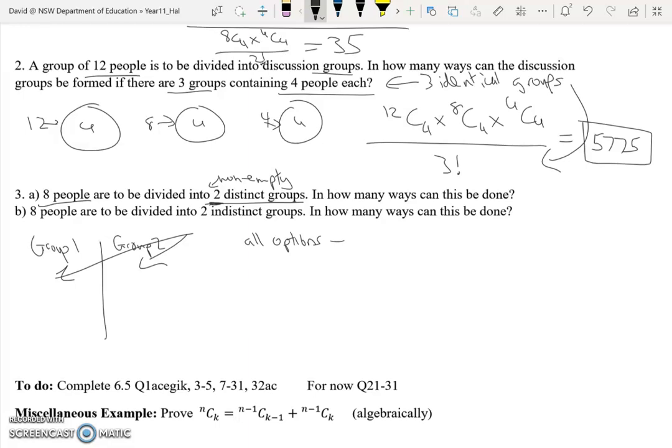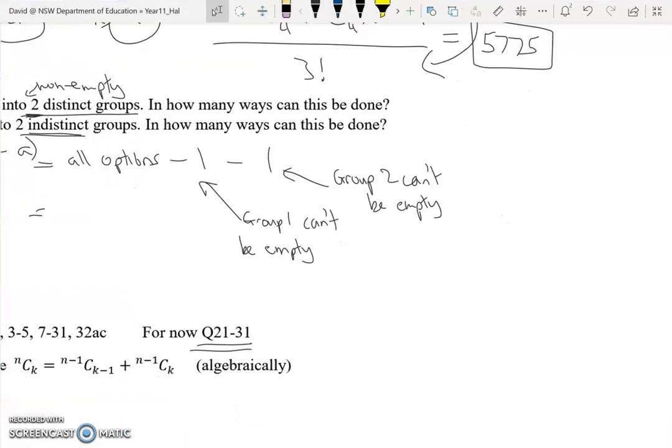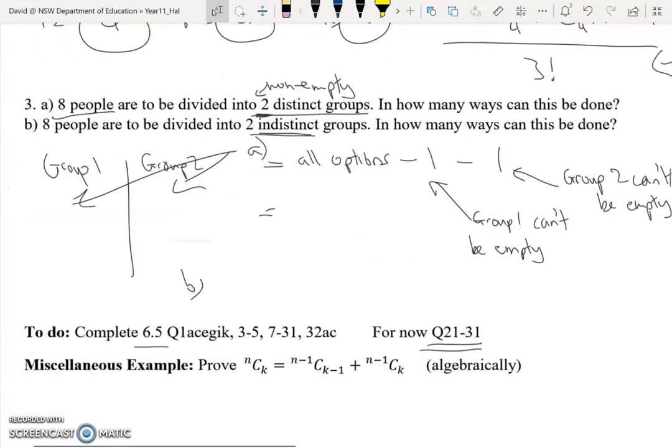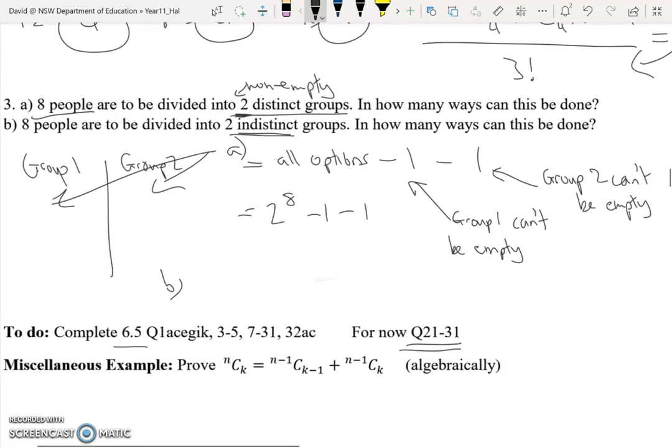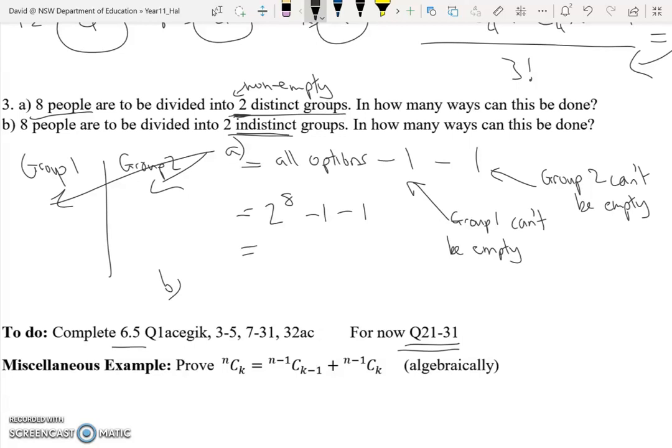So minus 1, minus 1. With 8 people, remember it's 2 to the n, so 2 to the 8, and then minus 2 because we can't have everyone in group 1 or group 2. So we get 254 options altogether.